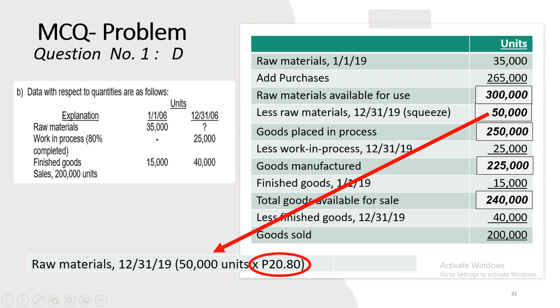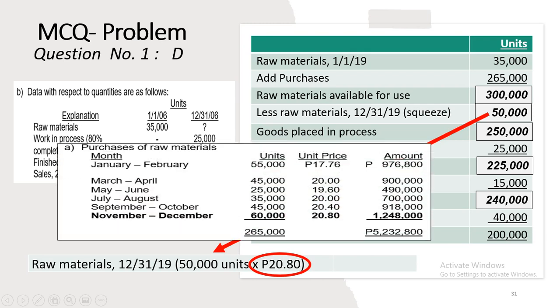Take note that the company is using the FIFO method of pricing. That's why the basis for the price of ending inventory is the latest purchase price, the November to December purchase price, which is 20.80. So the answer is 1,040,000, which is letter B.